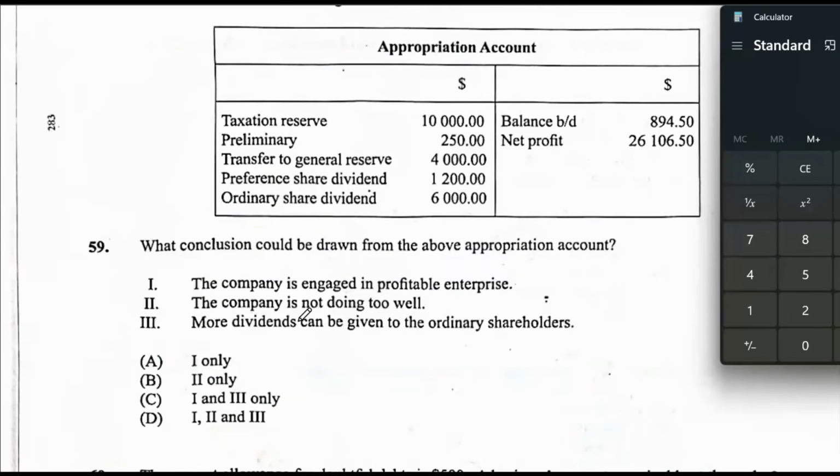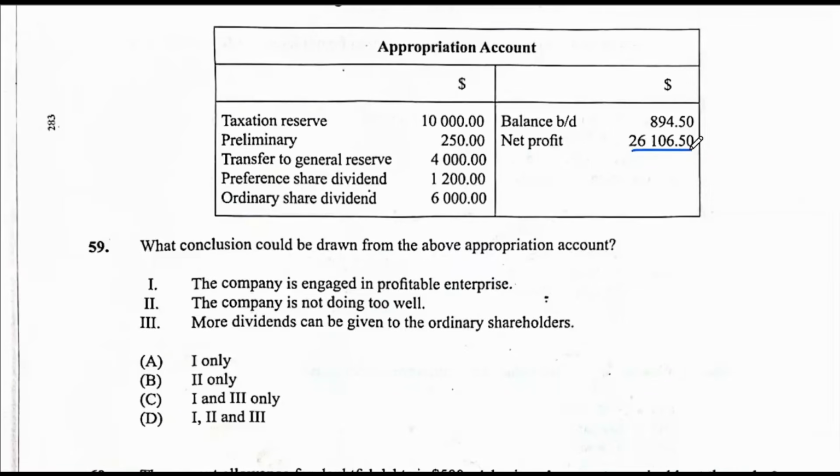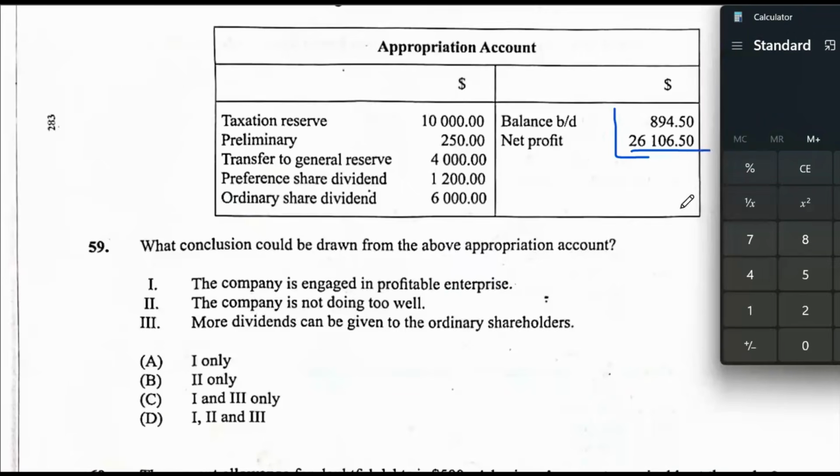So one, they are profitable, so that's good. Two is out, not doing too well, that's definitely out because they are profitable. But since they already put aside 21,000 and they're making close to 27,000, it means that they do have extra money lying around, which they can pay out to ordinary shareholders. So three is a good option there, guys. The answer should be C, one and three.